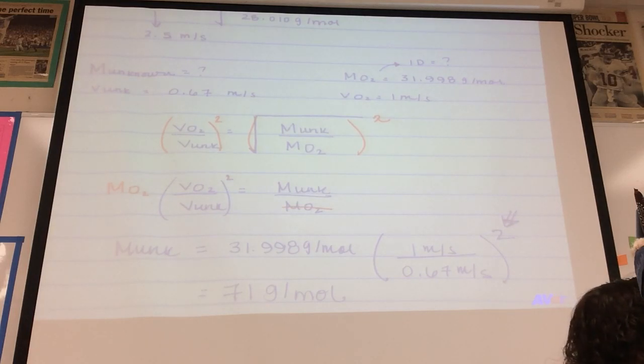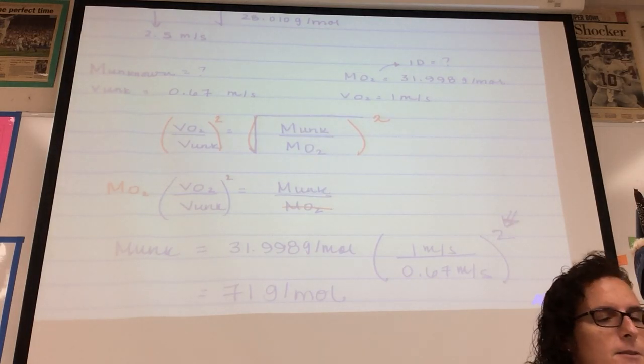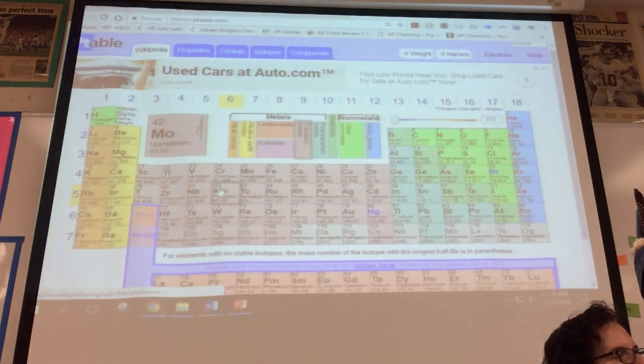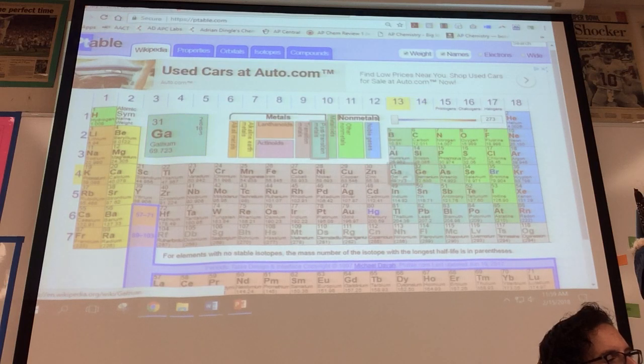Now, we have to figure out what gas that is. Let's look on the periodic table. 71 falls within these two. Is gallium a gas? No. Is germanium a gas? No.